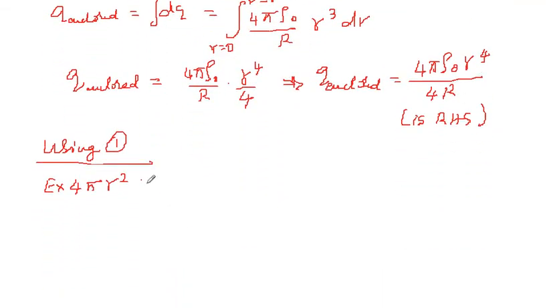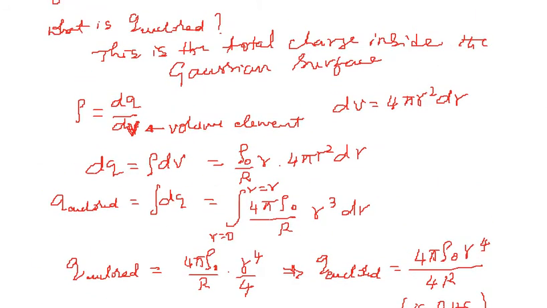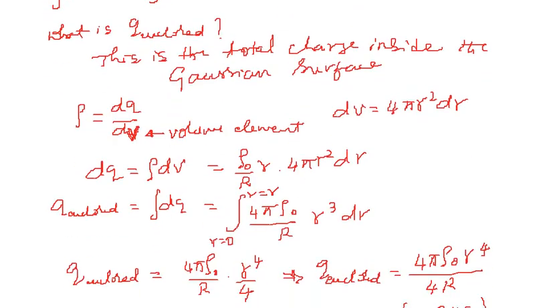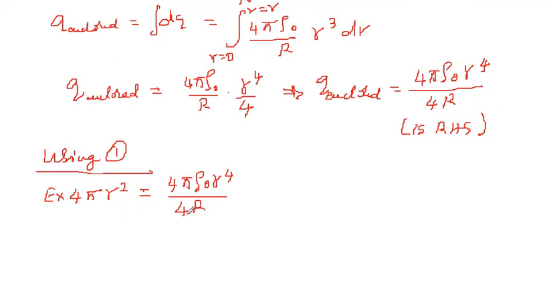RHS is here, which is equal to 4 pi rho O r to the power 4 divided by 4r. Okay, so this is the charge enclosed, and don't forget to write 1 by epsilon O, which is said in this equation, and I am going to write that epsilon O here.